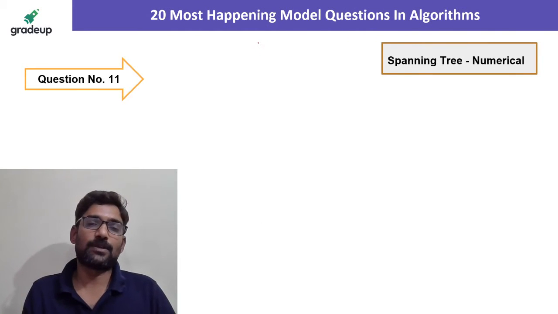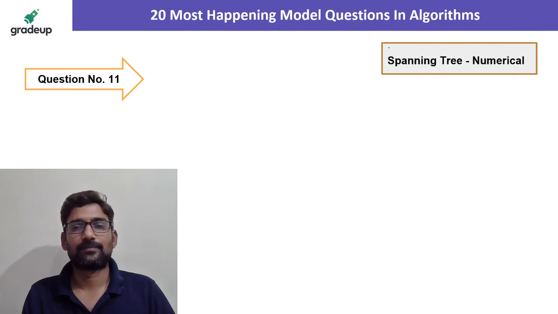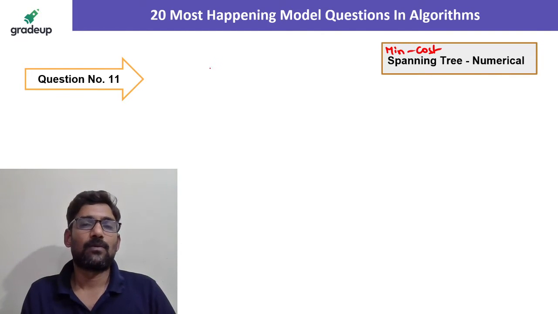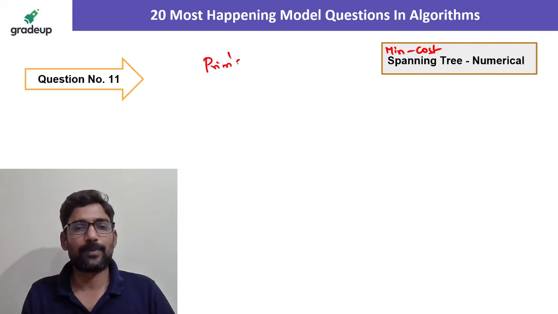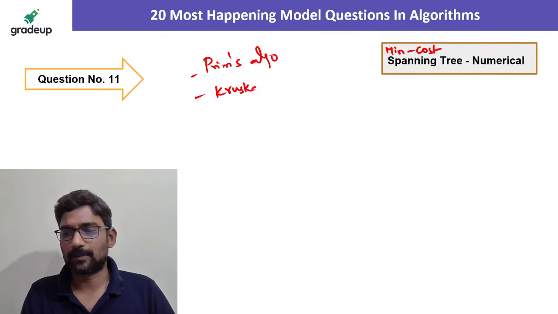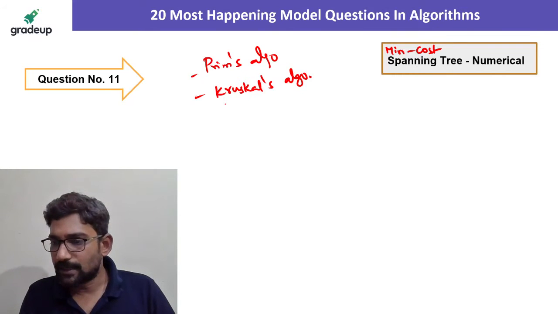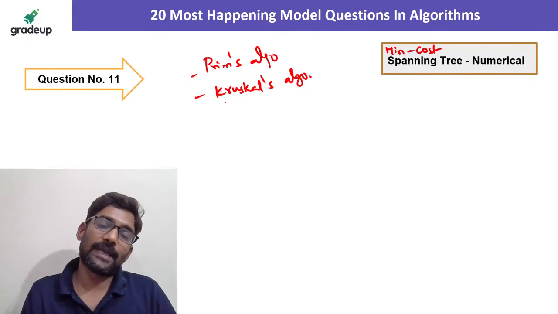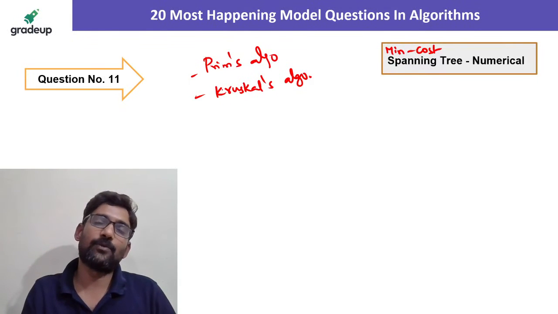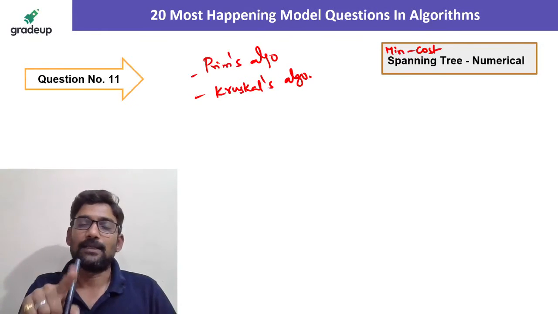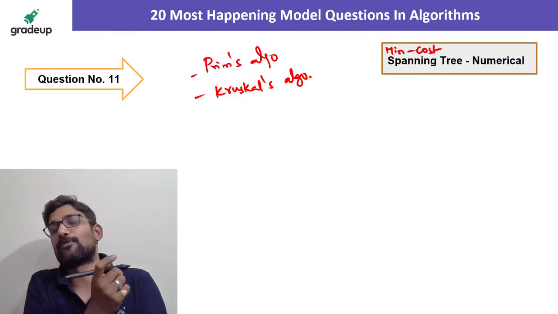From minimum cost spanning tree, what are the ways? We have Prim's algorithm, we have Kruskal's algorithm. Bellman-Ford works with negative weight edges, but if there is a negative weight edge cycle, then Bellman-Ford algorithm also fails.